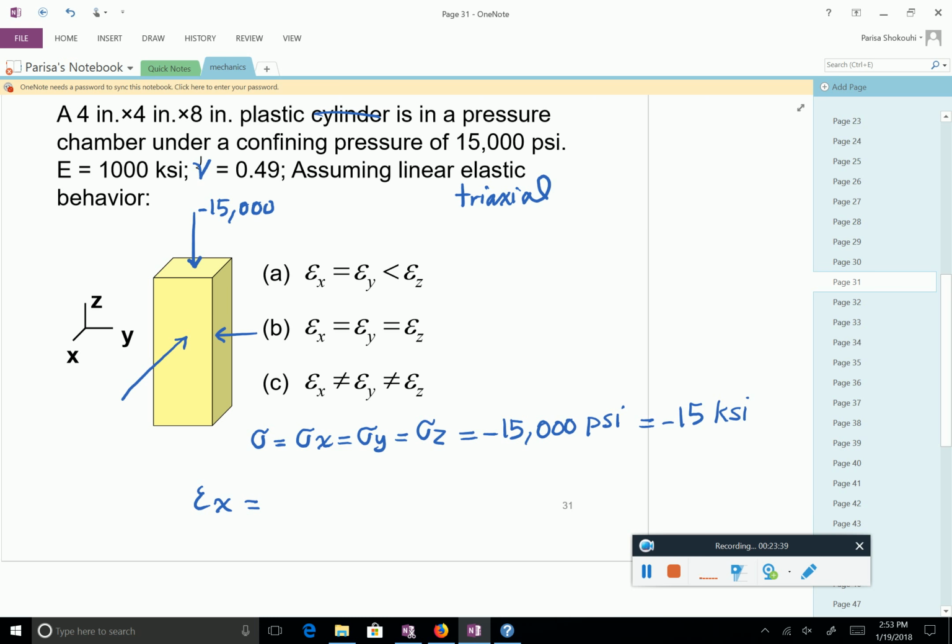So here it is triaxial. The previous example was uniaxial. Here you need to use generalized Hooke's law, what we reviewed in the beginning of the class. I have to see three correct answers. So talk to your neighbor.